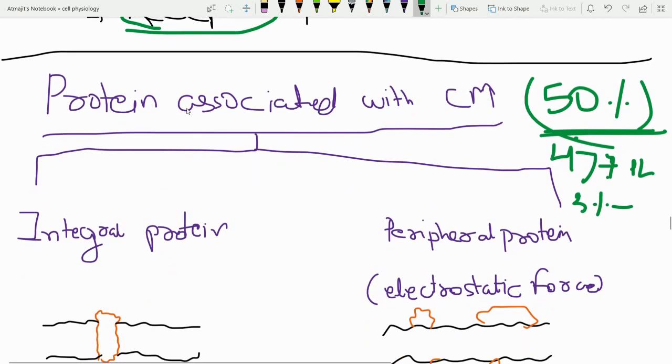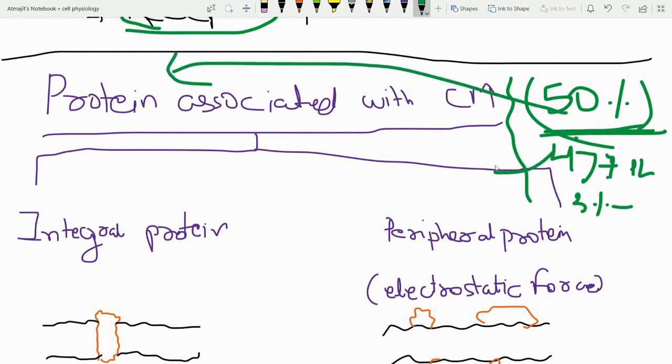So we learn that 50% are proteins, 47% are phospholipids, and 3% are carbohydrate.